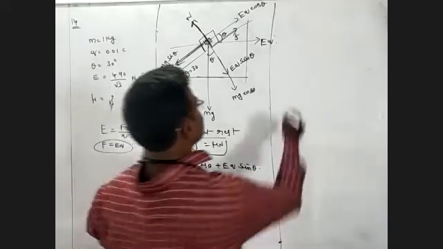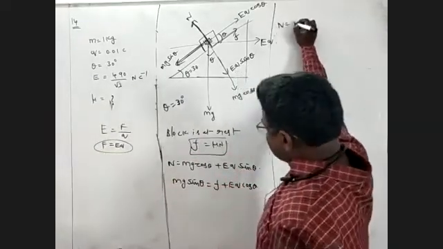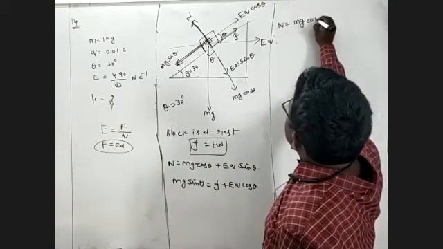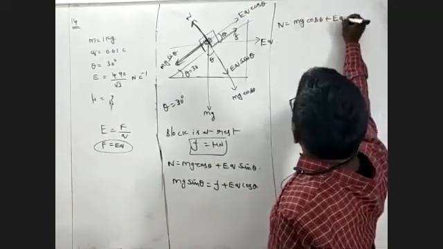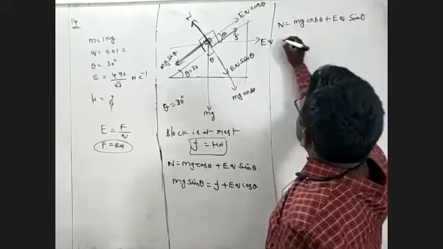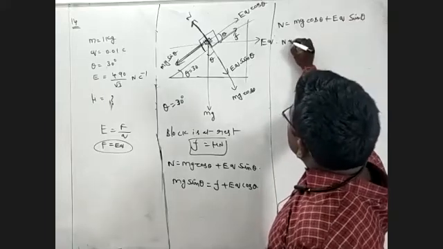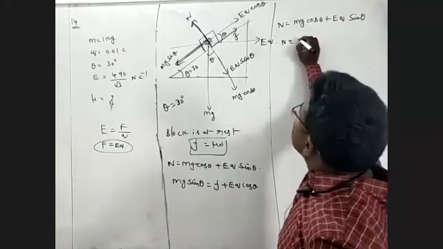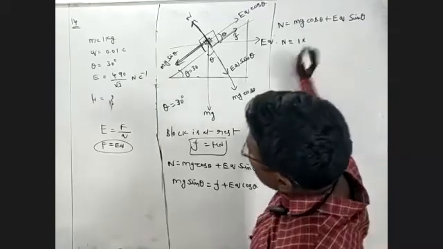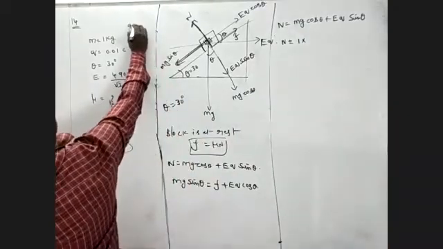Now first I'm going to calculate N equal to mg cos theta plus EQ sin theta. The mass of the block is 1, and I'm taking g equal to 9.8.